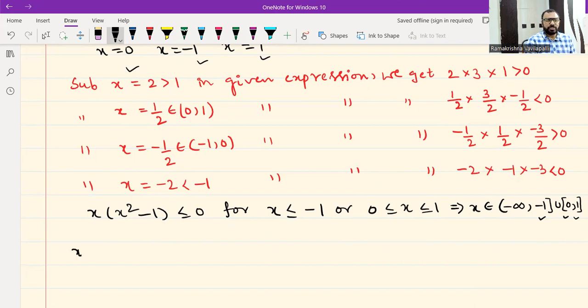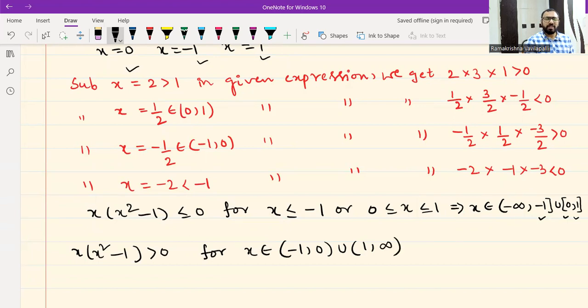So x into x square minus 1. Suppose we want to ask that it is greater than 0. Very simple, the rest of the interval you have to write. This interval is taken for less than or equal to 0, so the rest of the interval is x belongs to -1 to 0, union 1 to infinity. We want that expression is greater than 0.